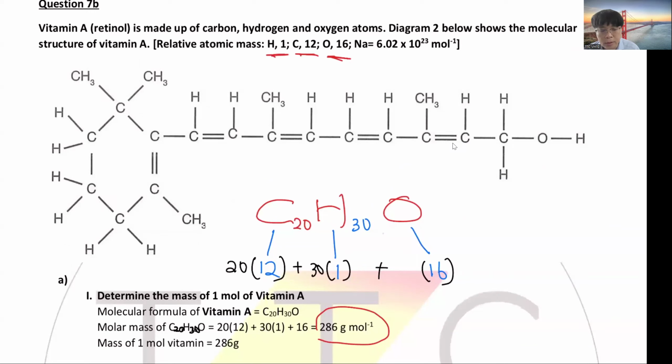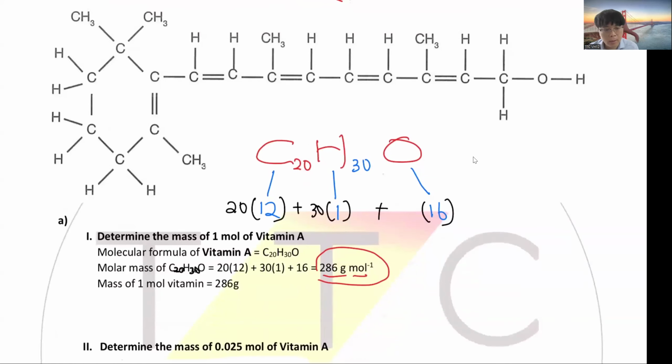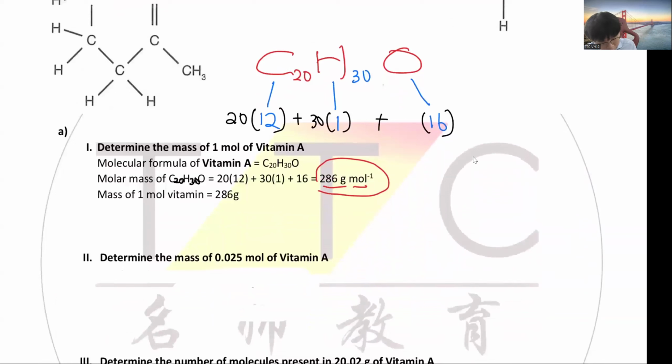Okay, so this molar mass means how many gram per mole. Then they want to get 0.025 mole.